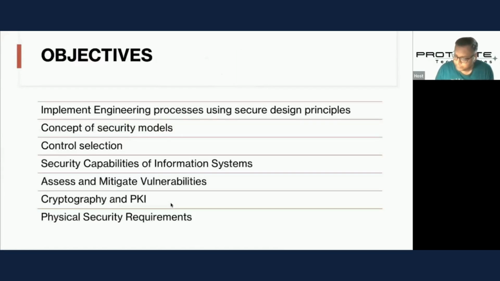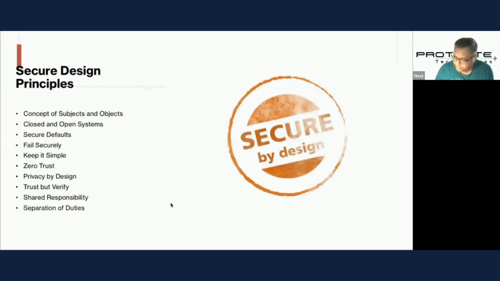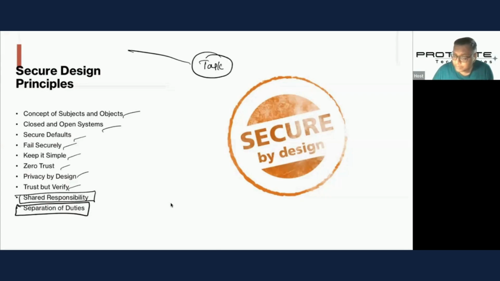Okay, so what did we discuss? We discussed the secure design principles. We discussed subjects and objects, open systems, secure defaults, fail secure, trust but verify. Shared responsibility is something which Ismail asked a question about. And separation of duties, I had already discussed that any key task should be separated between two subjects and should not be executed by one subject.